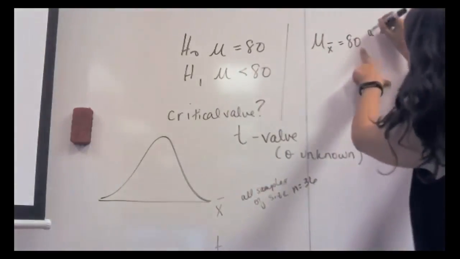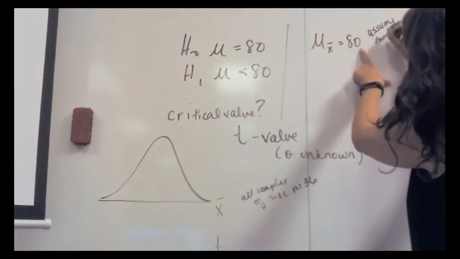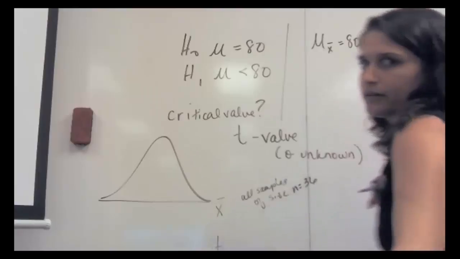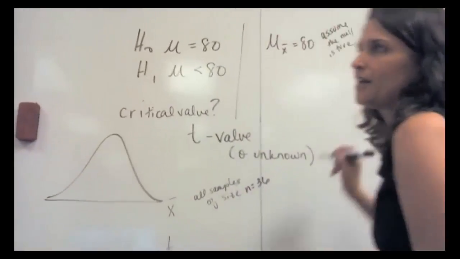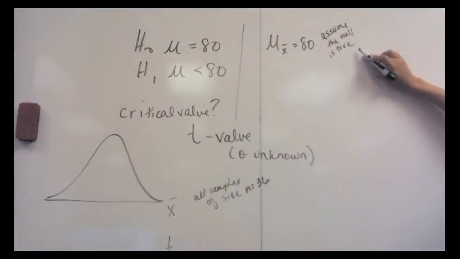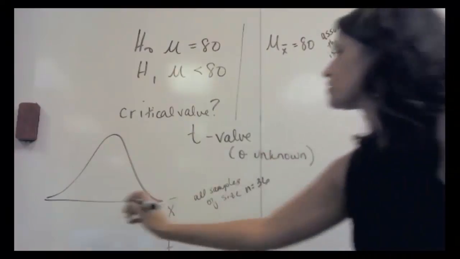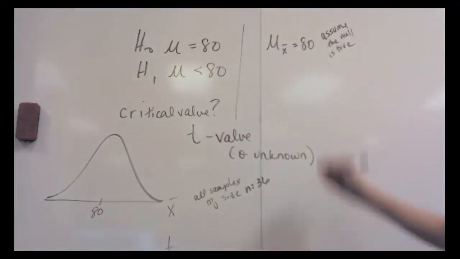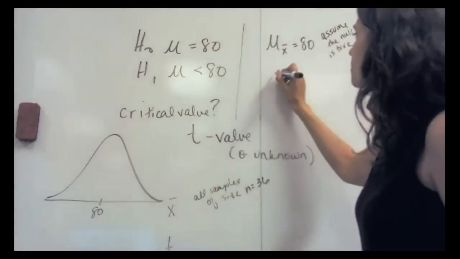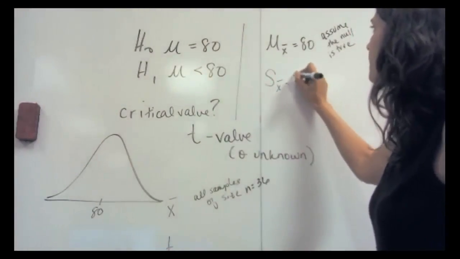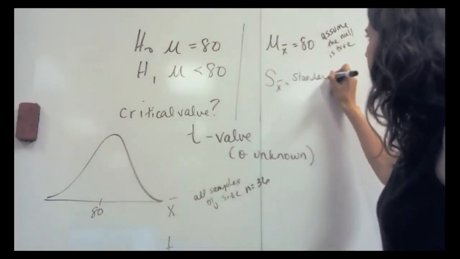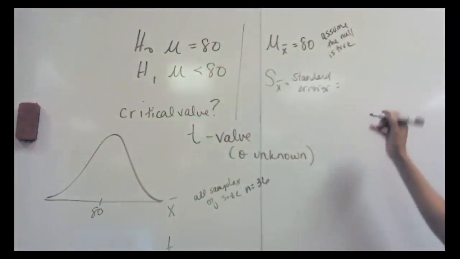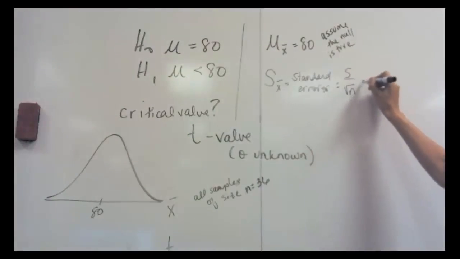I'm assuming the null is true. So we assume that the mean of the means is 80. And our standard deviation of x bar is also called standard error.